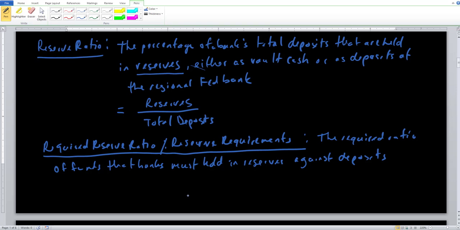So by law, the bank cannot lend out your entire deposit because the Federal Reserve, the Central Bank of the United States, basically sets the reserve requirement or the required reserve ratio.